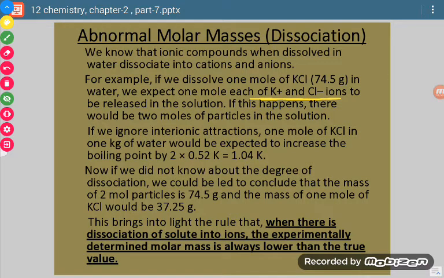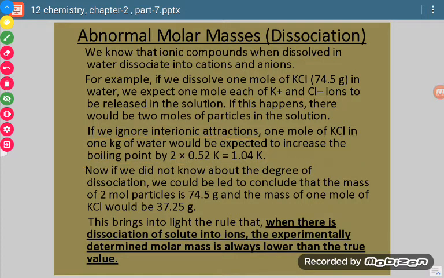Now if we ignore inter-ionic attractions, because water is polar and KCl gives ions, so there will be electrostatic forces of attraction, then 1 mole of KCl in 1 kg of water would be expected to increase the boiling point by this much amount.